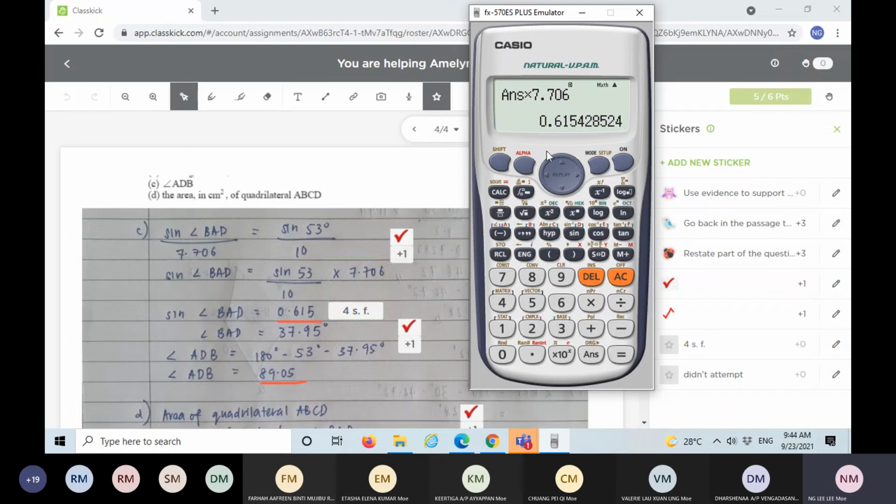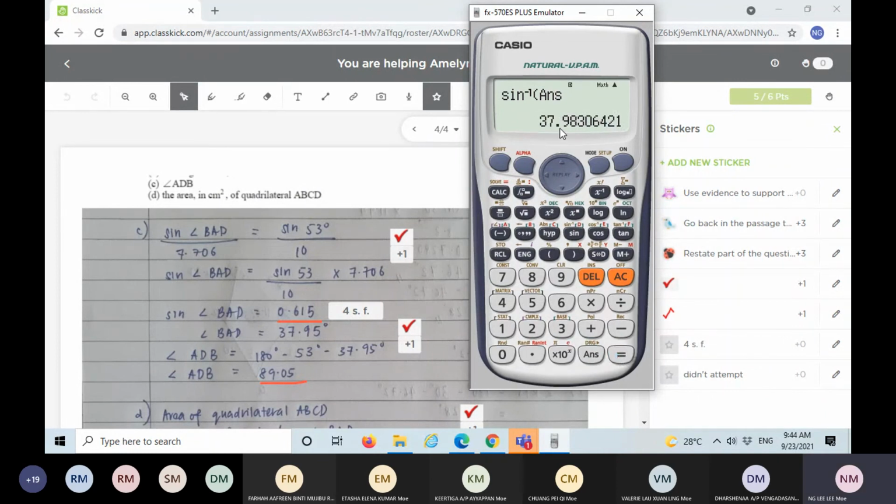Okay, after that you don't put shift sign 0.6154. You can just use the answer from your calculator. Don't erase it. Okay, you see shift sign the answer just now, then equal. Your answer will be very accurate.